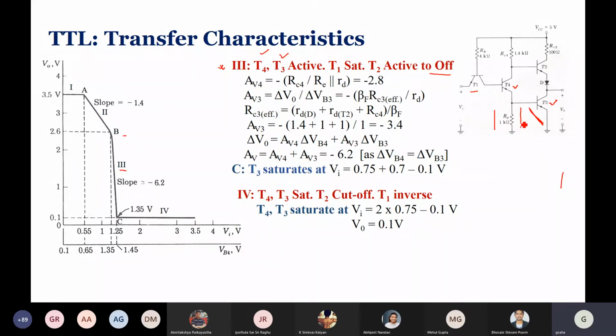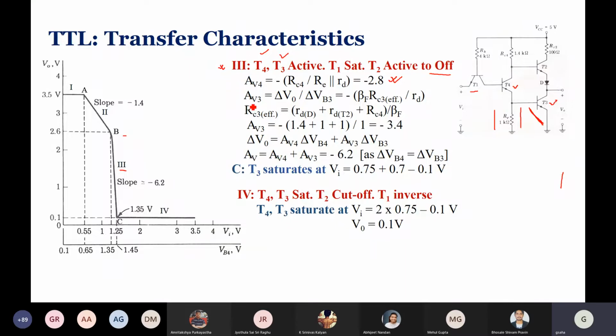So this RD is coming in parallel to this RC, making it 0.5 kilo ohm. Then this AV4, just because of this part, becomes minus 2.8. Now when this one turns on and this one goes off, you have to consider what is happening to the output voltage by considering the gain at T3.